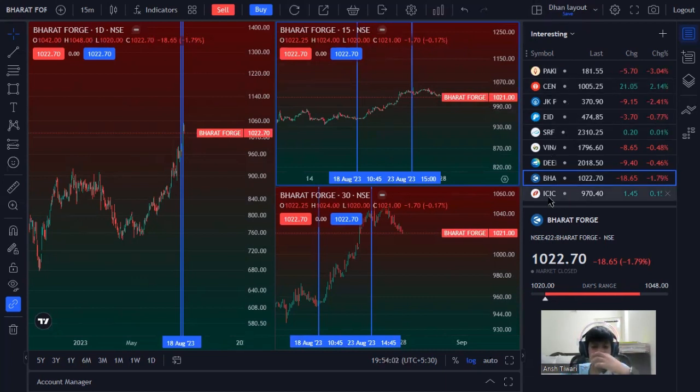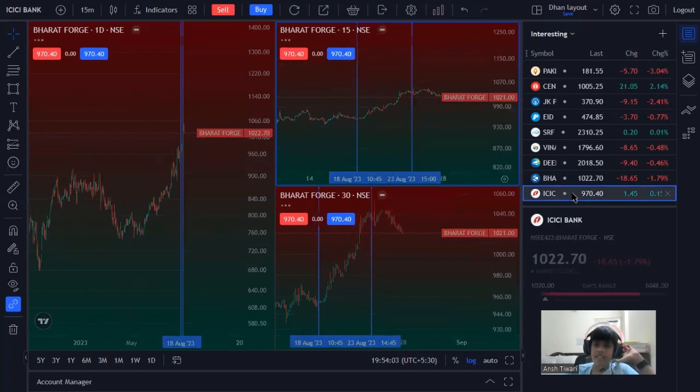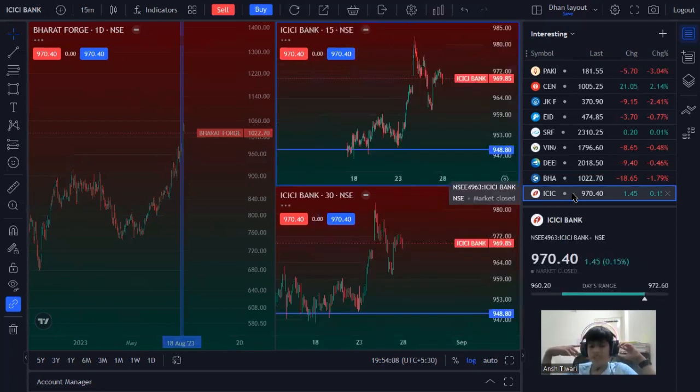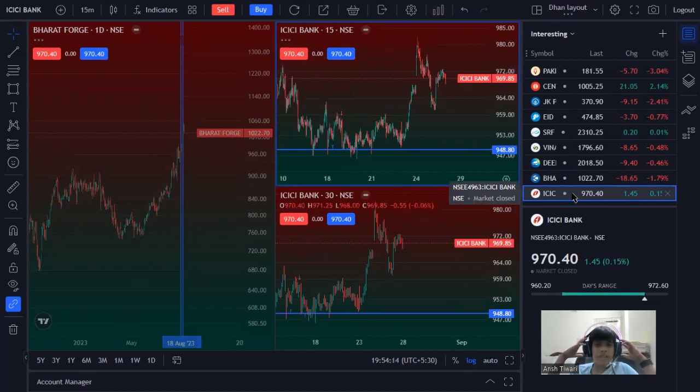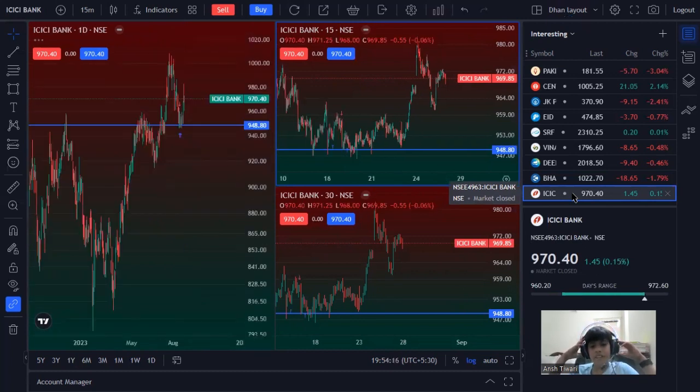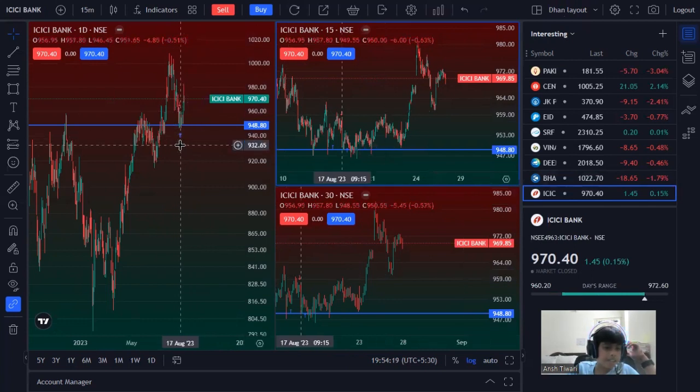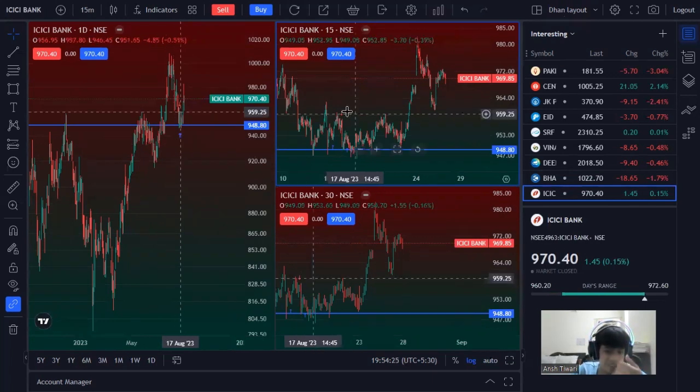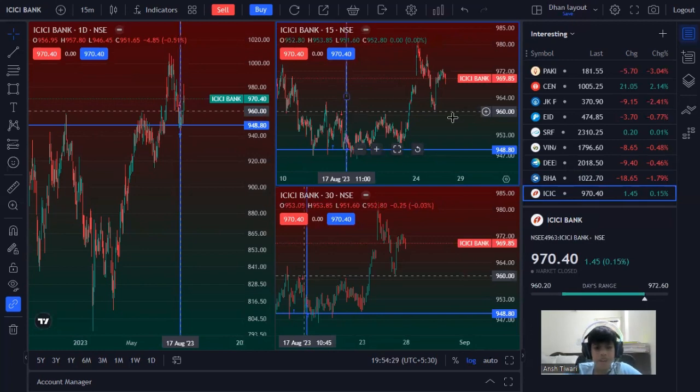Next, we will be looking at ICICI Bank, in which I have only 5 stocks, but I am in profit, like 700 or 800. I don't really remember where I bought it. Oh, yeah, right at this point. I bought my trade right over here at this second blue one. Let me make a mark.